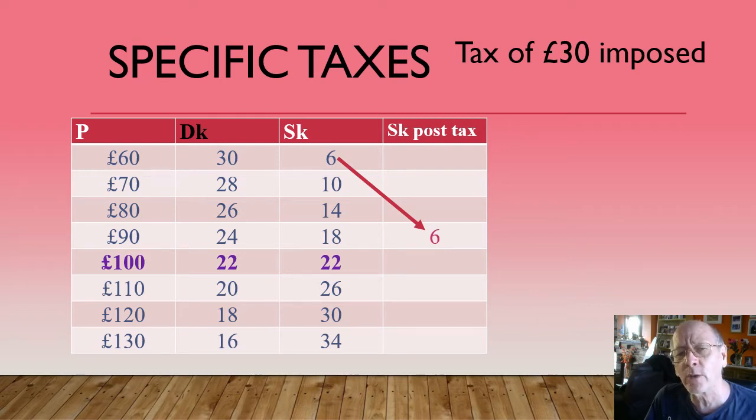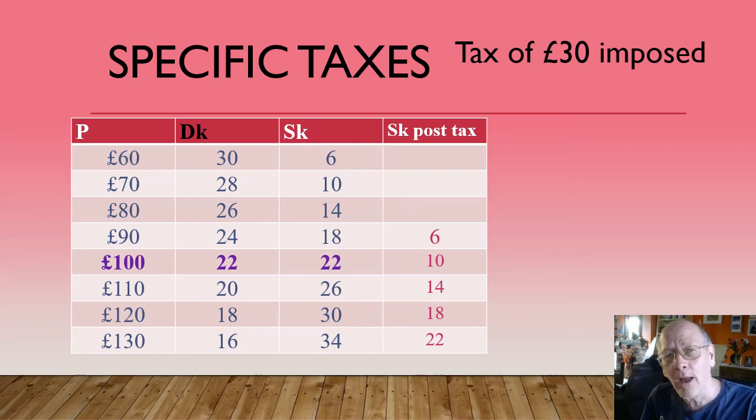So if the price goes up to £90, then the supplier will be supplying 6,000 units. So basically we are adjusting that supply curve down to deal with the tax. And you can see here that we have shifted the entire supply curve by £30 a unit.